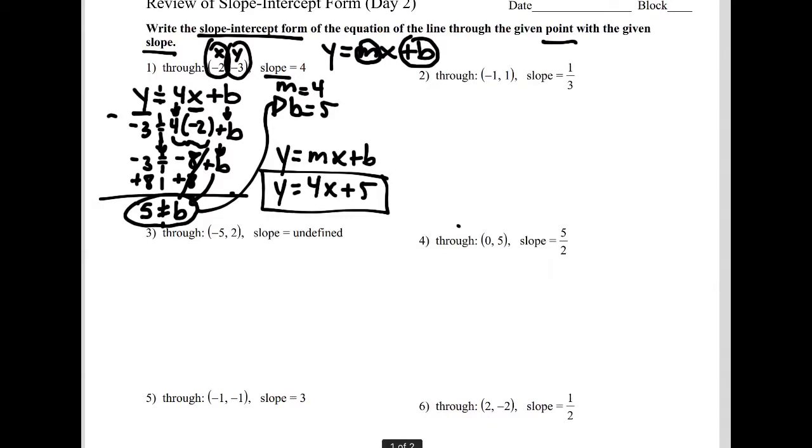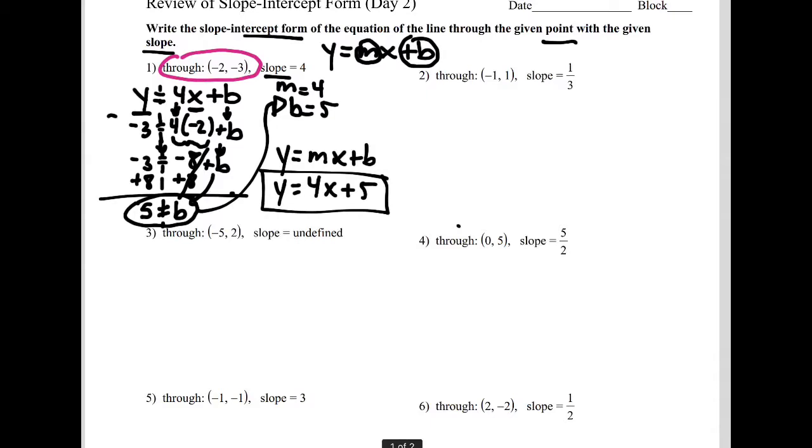I have some students, usually when we do this, that ask, why don't we put the y and the x in there in the end? Well, remember the point that they give us is just one of several points on the line. So we don't want to put the y and x into the equation as if it's part of the equation, because it's not the only point that's on the line.